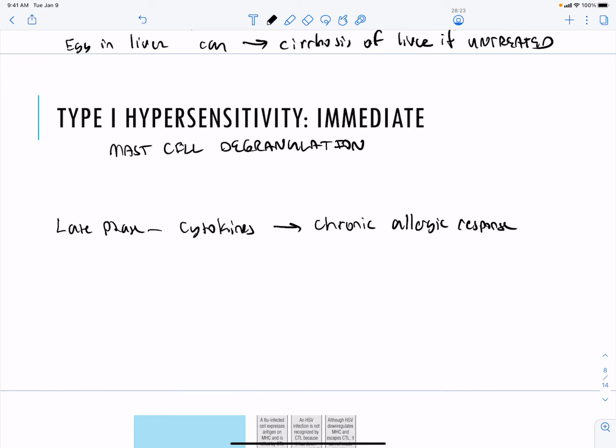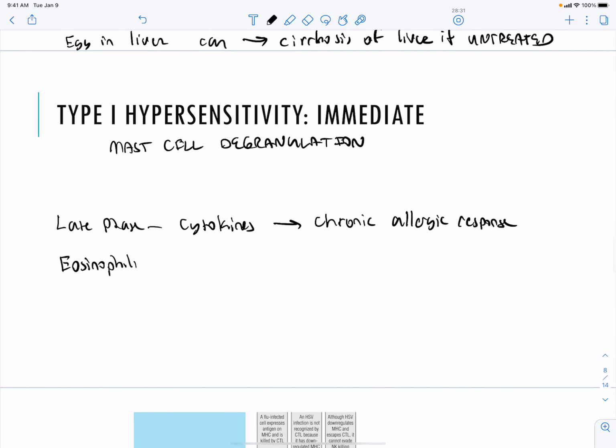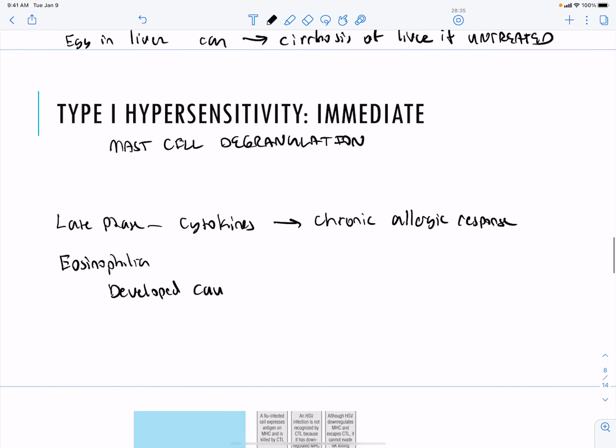In the developed world, the leading cause of eosinophilia is going to be allergies. In the developing world, this is going to be caused by parasites.